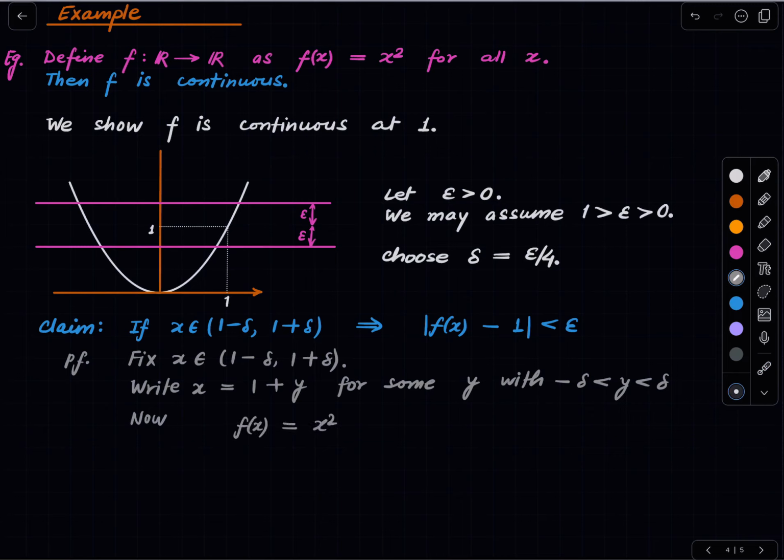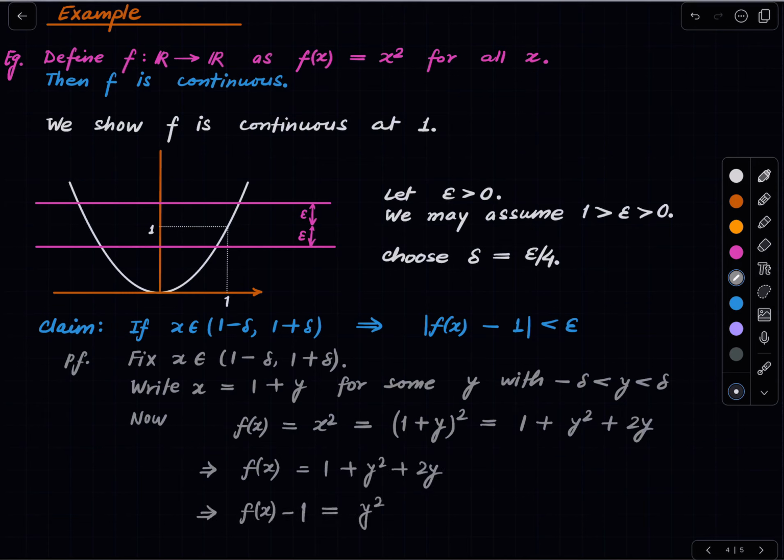By definition, it is x square, which is 1 plus y square, which is that much. And that gives us, okay. But by this constraint, we have the following inequality. But now by the choice of delta, what is delta? It is epsilon by 4.